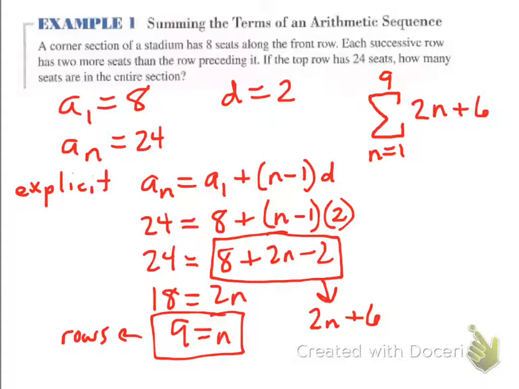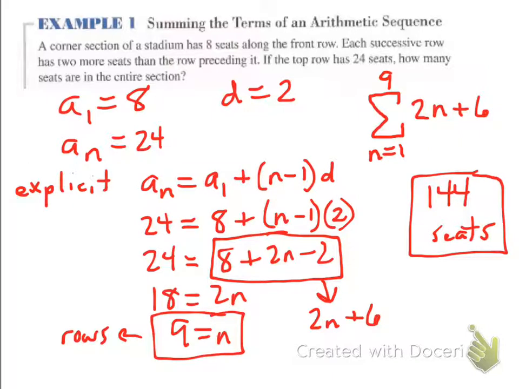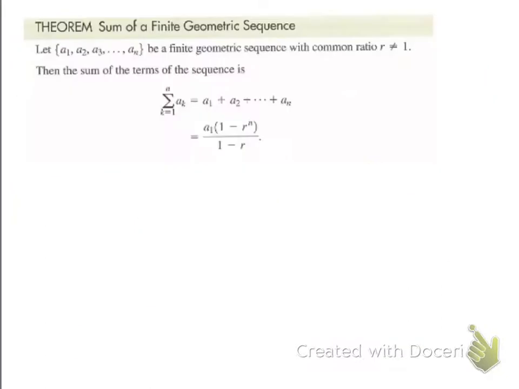What you're going to find out is that there are 144 seats. Now, guys, what you need to do is not just copy down what I wrote. You have to know how to plug into the calculator. So actually plug in this series, this sum, and figure it out for yourself. Yes, I know the right answer is 144, but you need to understand how to find 144.